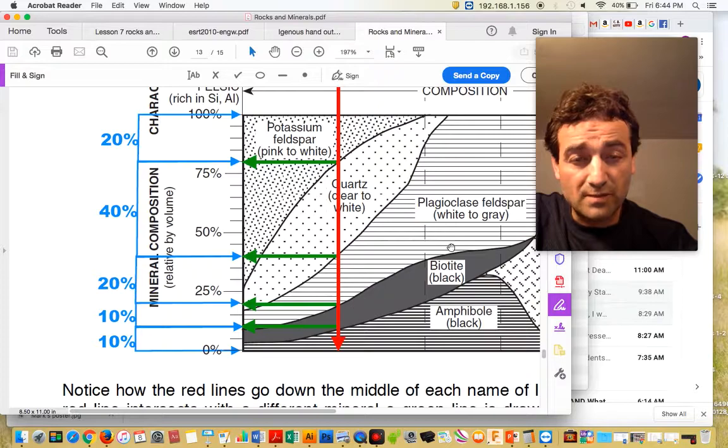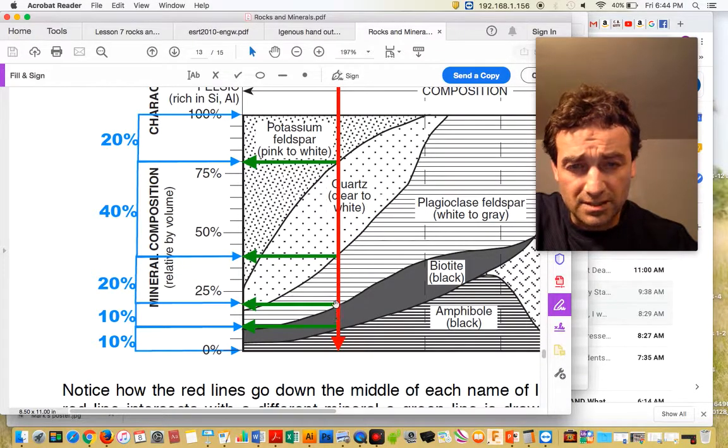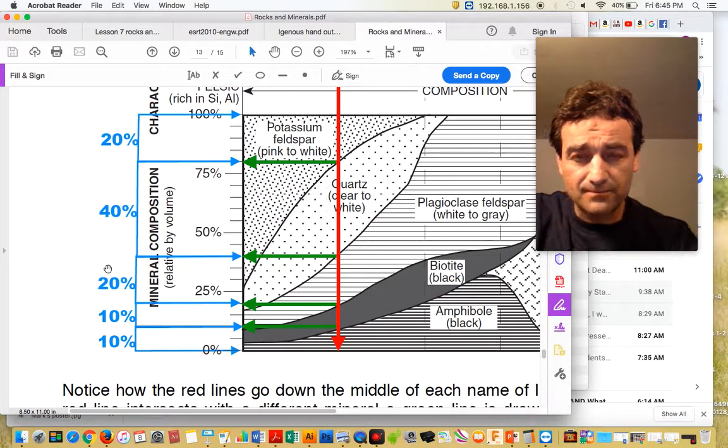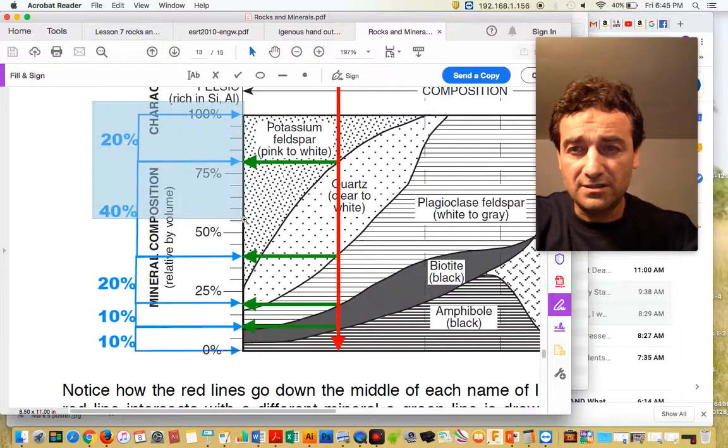Then the next one will be biotite mica. It's from here to here. So from here to here is another 10. 5, 10. Then plagioclase feldspar starts here, goes up to here. So that goes from here, 5, 10, 15, 20. 20%, right? I think I'm going to zoom in just a little bit more.